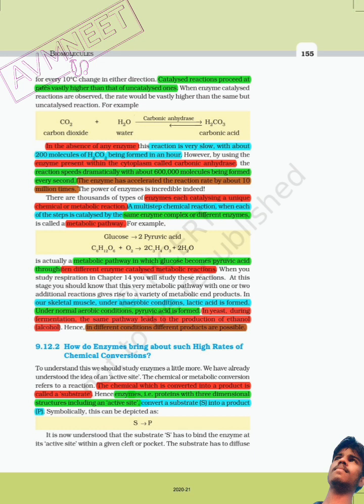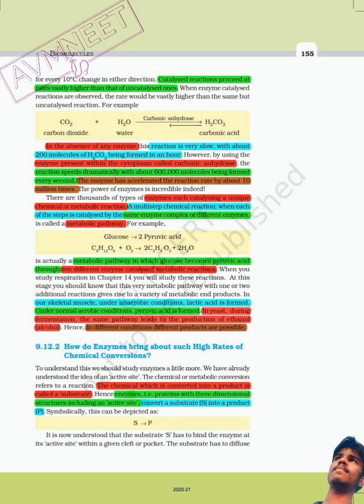The chemical which is converted into a product is called a substrate. Hence, enzymes, that is, proteins with 3-dimensional structures including an active site, convert a substrate into a product. Symbolically, this can be depicted as substrate gives us product.